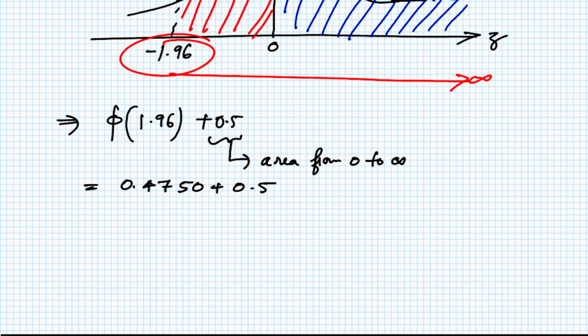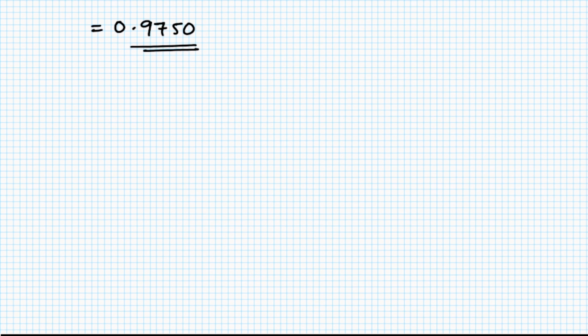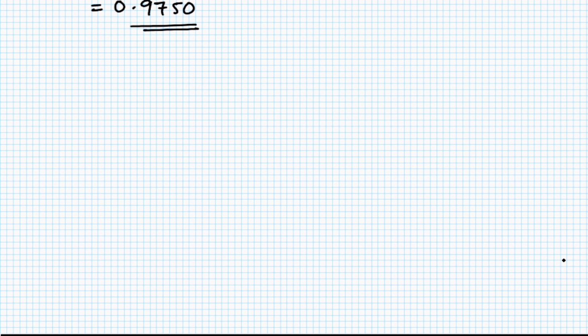The 0.5 is added for that reason, because I want to calculate the complete area on the right side. So this is equal to 0.9750. Any doubt with this? Please feel free to ask if you have a question.